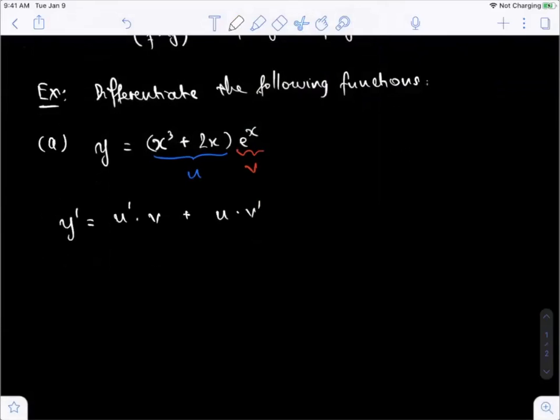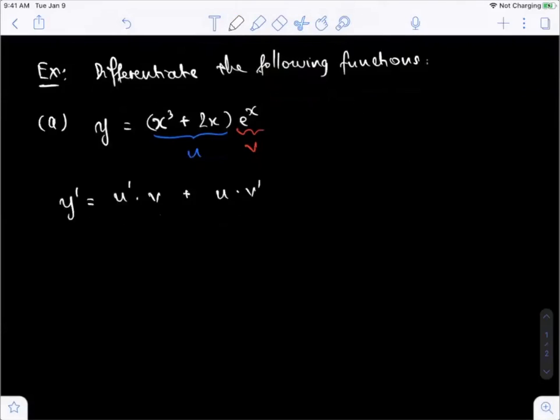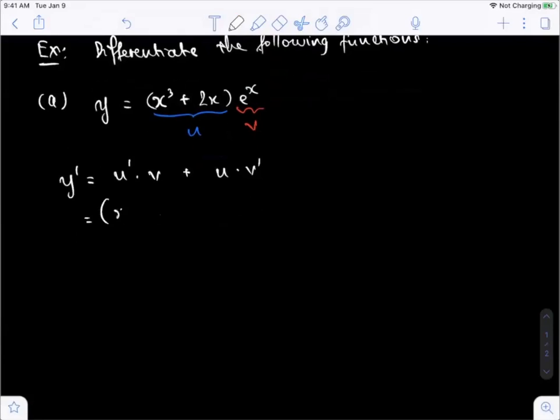And the first function we just identified is x cubed plus 2x, and the second function is e to the x, right? So I'm going to write the first function prime. So x cubed plus 2x prime times e to the x plus x cubed plus 2x times the derivative of e to the x.